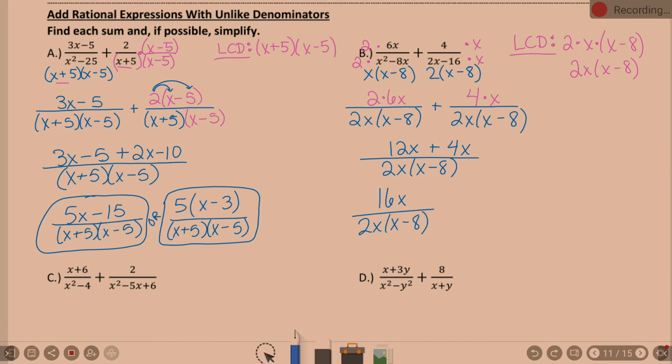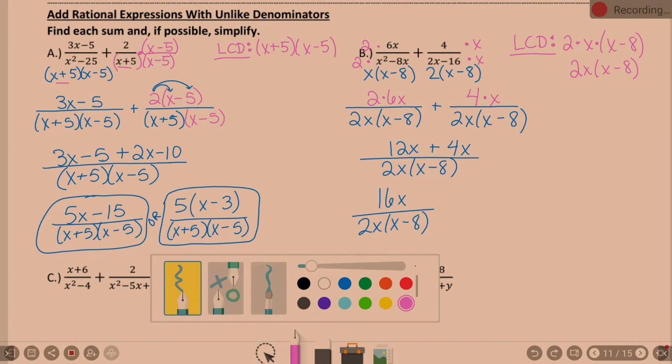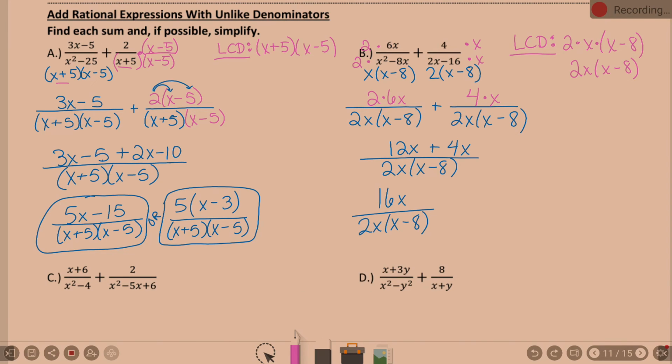The denominator is already factored: it's 2 times x minus 8. The numerator is 16 times x. You can take the x's, so I can cancel the x.